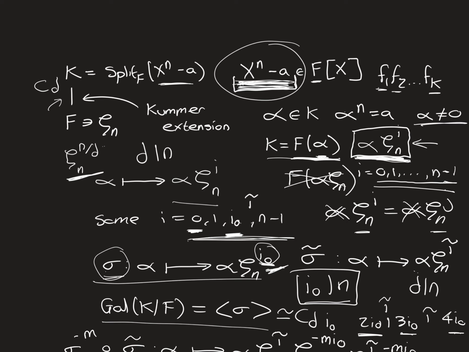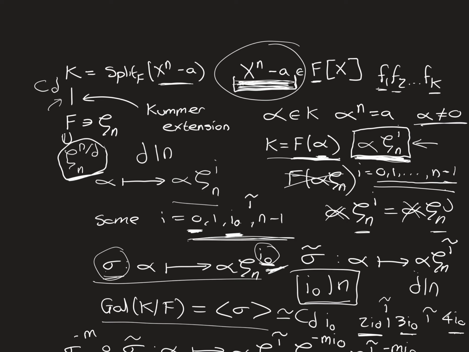So I've got some power of zeta n here, but if I raise it to the power of d, it will give me 1, because I'll get zeta n to the power of n, which is 1. And no smaller power is going to make it go to 1, because if it did, those smaller powers would also be a smaller power of zeta n than n that would be giving 1. So this is a primitive dth root of unity in F.